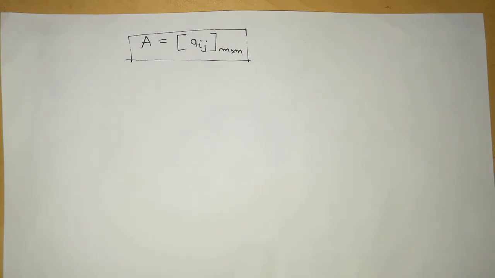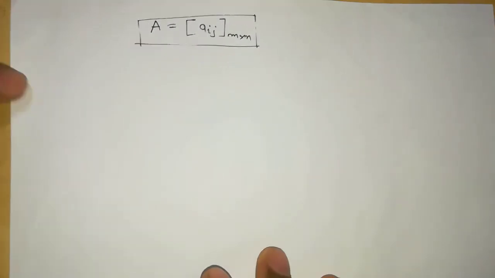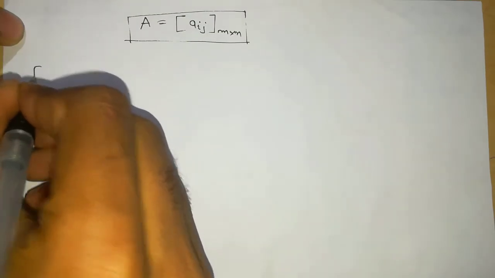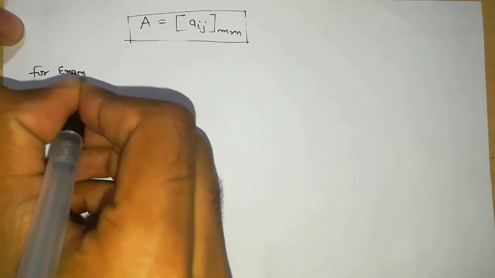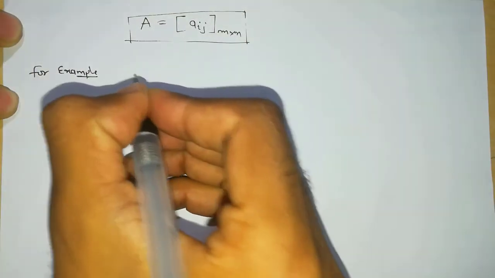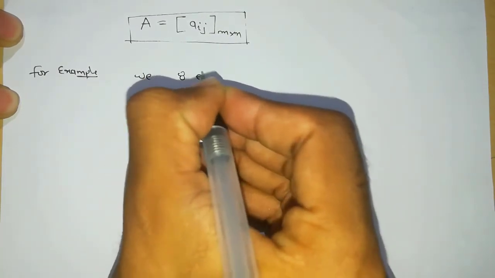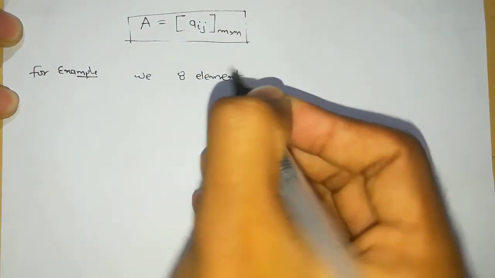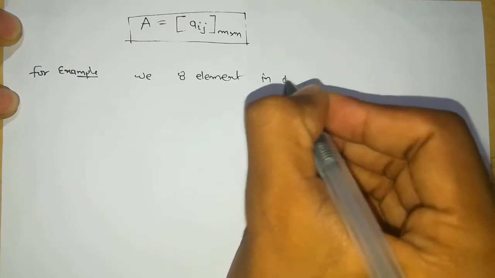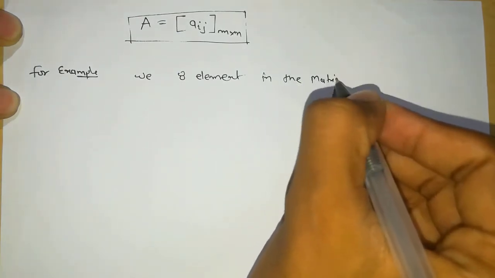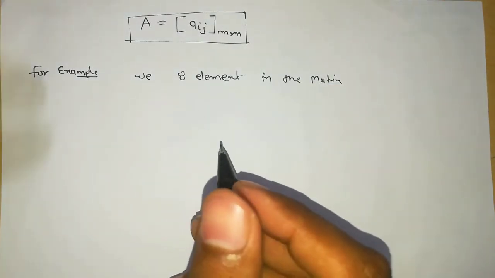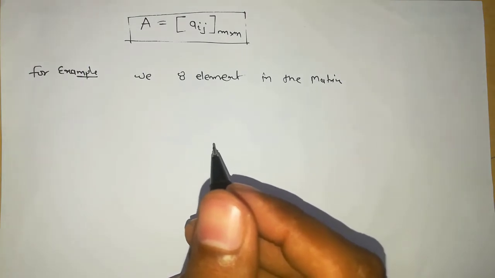Now, for example, suppose we have 8 elements in the matrix. What are the possible orders it can have?